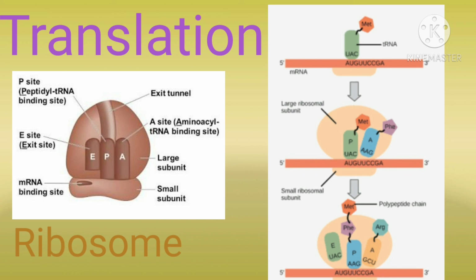Next, tRNA brings in another amino acid and comes at the acceptor site. Here, the first amino acid is bound to the second amino acid by peptide bond. The first tRNA moves to the E site and leaves the ribosome.